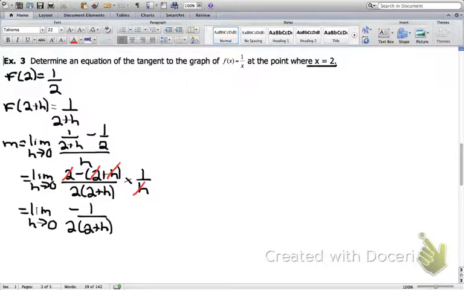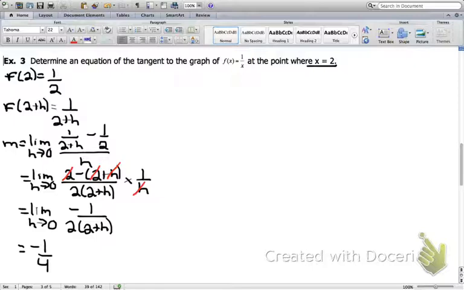We can now sub in for our h value. So we'll get this equal to -1/4, and that's what our slope would be. Then we would use our slope to sub it into our y equals mx plus b form to find what our equation of the tangent was.